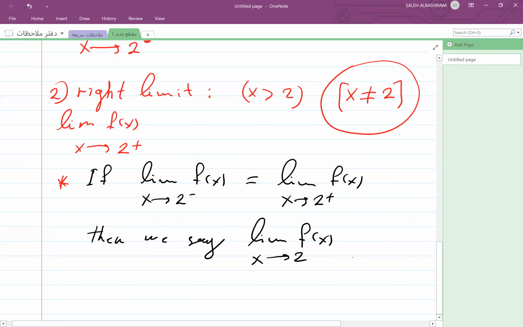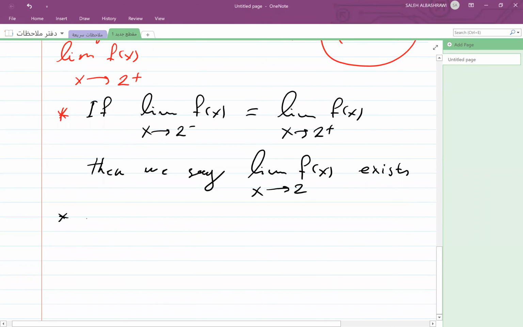If the two limits from the left and right are equal, we say the limit exists. The limit of f of x as x goes to 2, without any sign, left or right, exists.